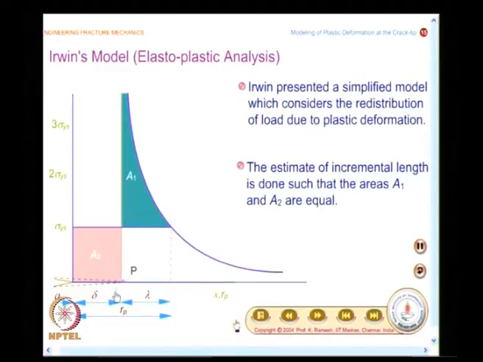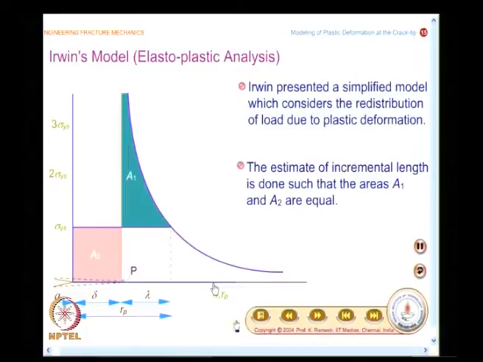So, as part of the calculation we will have to find out what is delta as well as what is lambda. The whole length is the plastic zone length. It is very simple. If you just follow the physics, translate it into mathematics, you will be able to get the expression for delta as well as lambda.